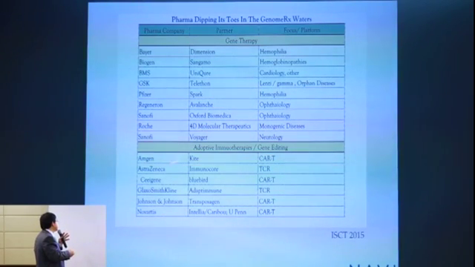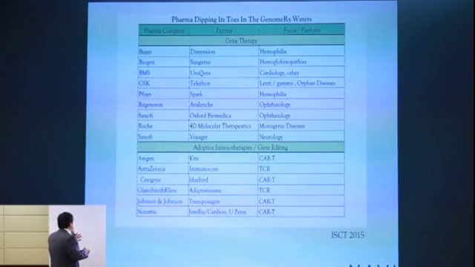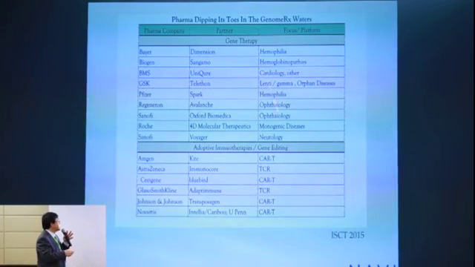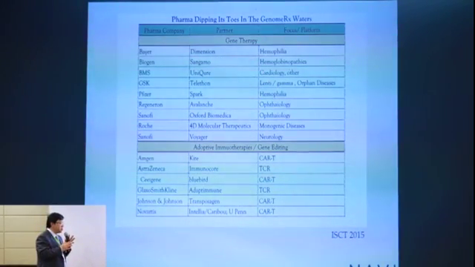And Emerging, Johnson & Johnson, and Novartis also invest in cell therapy. So from the table, we can see that the pharmaceutical industry focuses on cell therapy and gene therapy, not only this year, but also in the future.